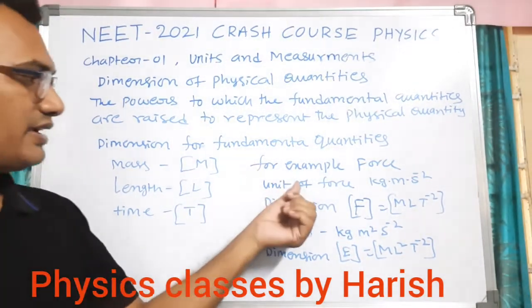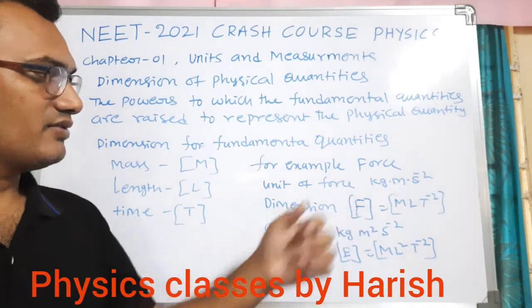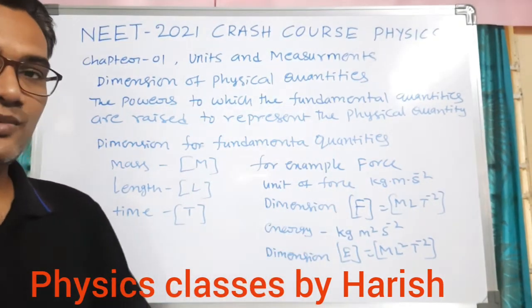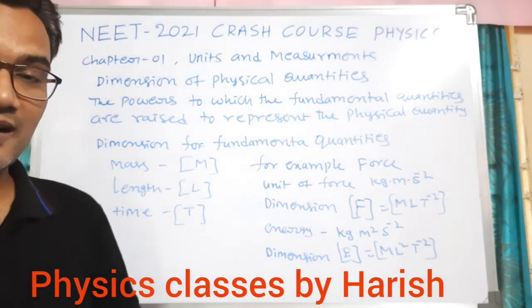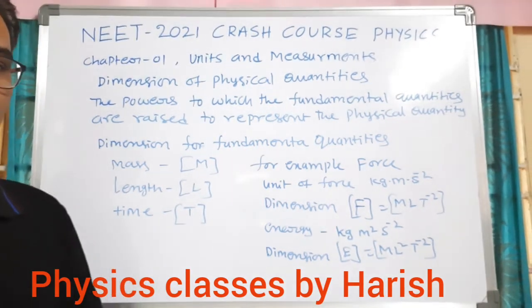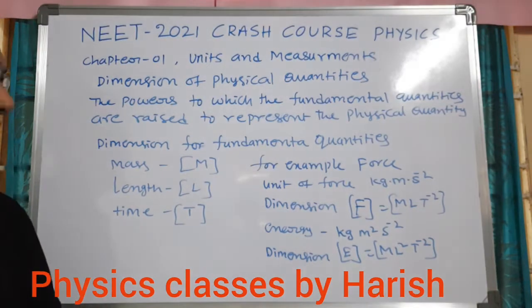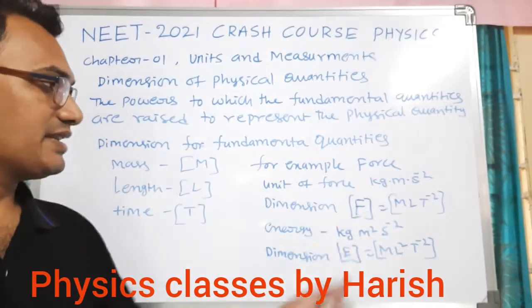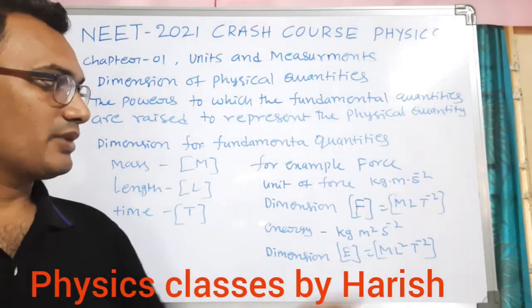For example, the dimension of force. To write the dimension of a physical quantity, we must know the mathematical relation or the unit of that quantity. Let us take force. Its SI unit is kg meter second minus 2.